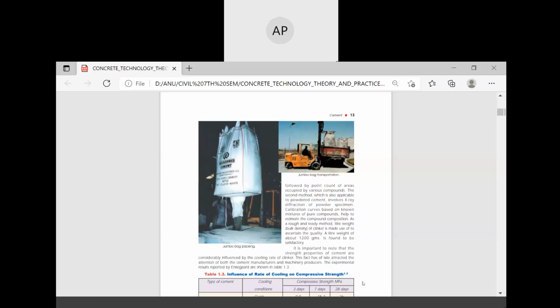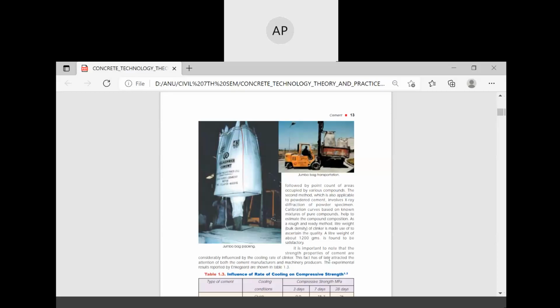It is important to note that the strength properties of cement are considerably influenced by the cooling rate of clinker. This fact has lately attracted the attention of both cement manufacturers and machinery producers.